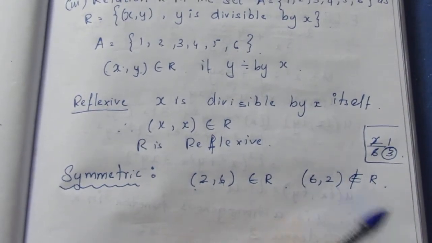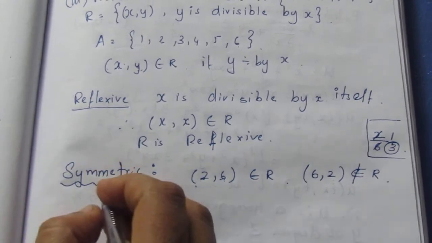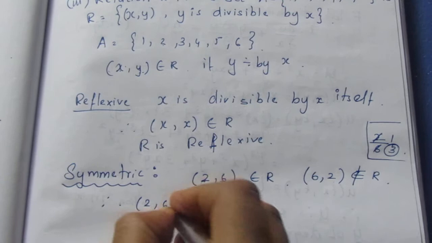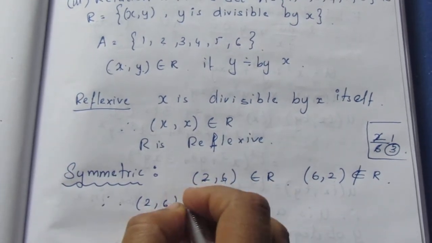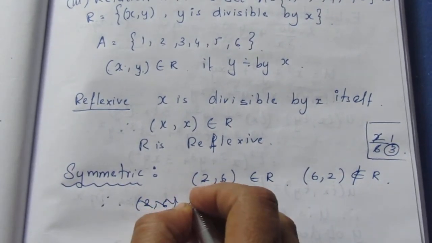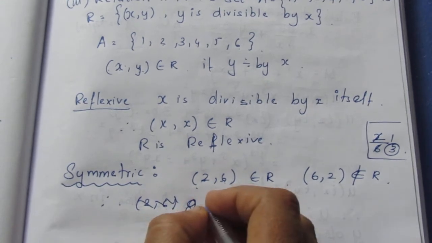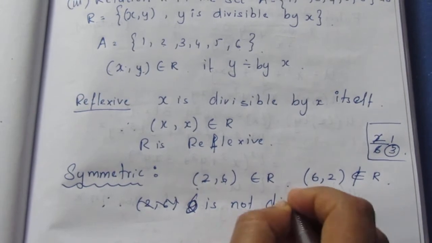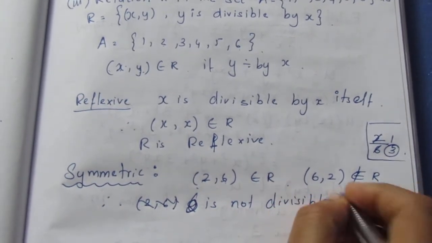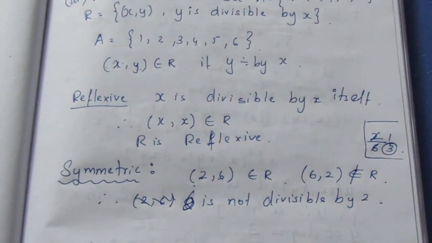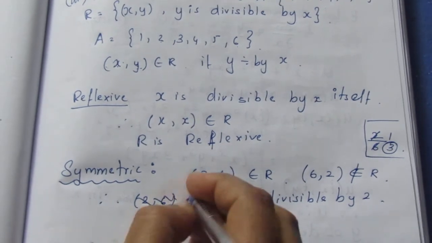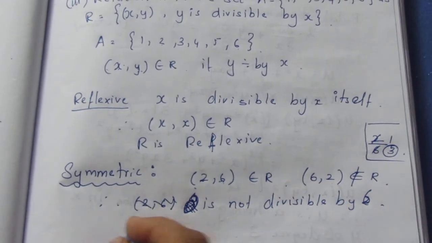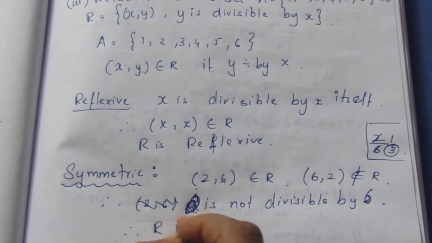This does not belong to R. Therefore we can say that (2, 6) belongs to R, 6 is divisible by 2, but 2 is not divisible by 6. Therefore, we can say that R is not symmetric.